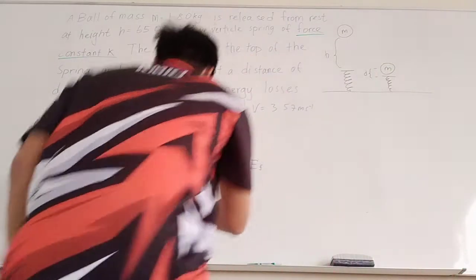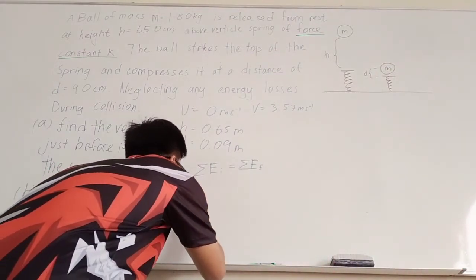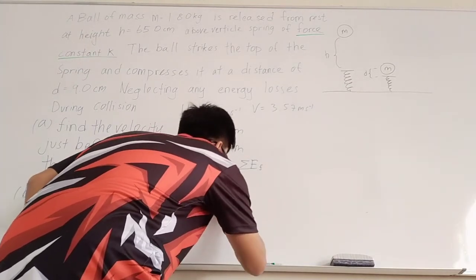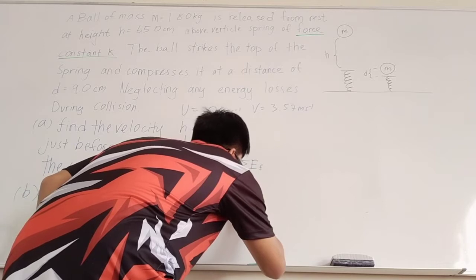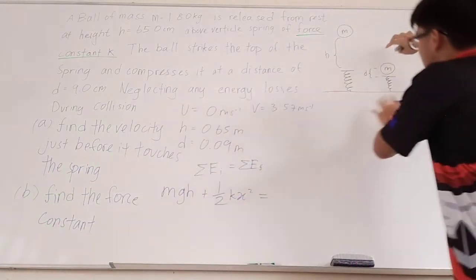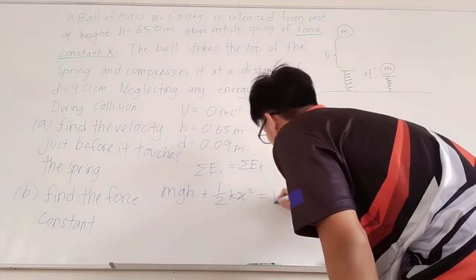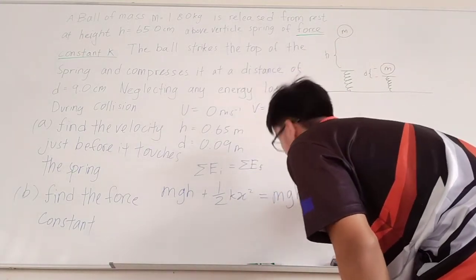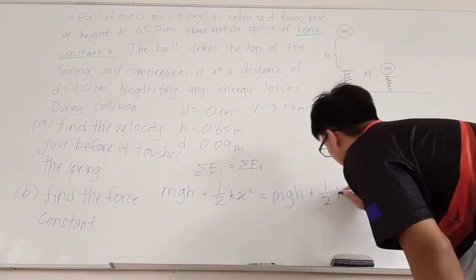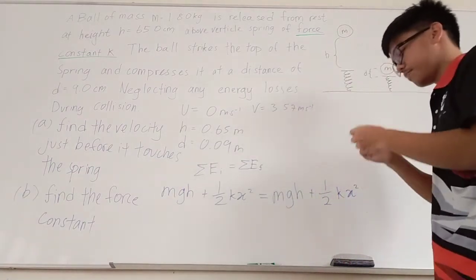So there is going to be mgh, this is the initial part only, plus 1 over 2 kx squared, equals, once more, basically the same, mgh plus 1 over 2 kx squared.